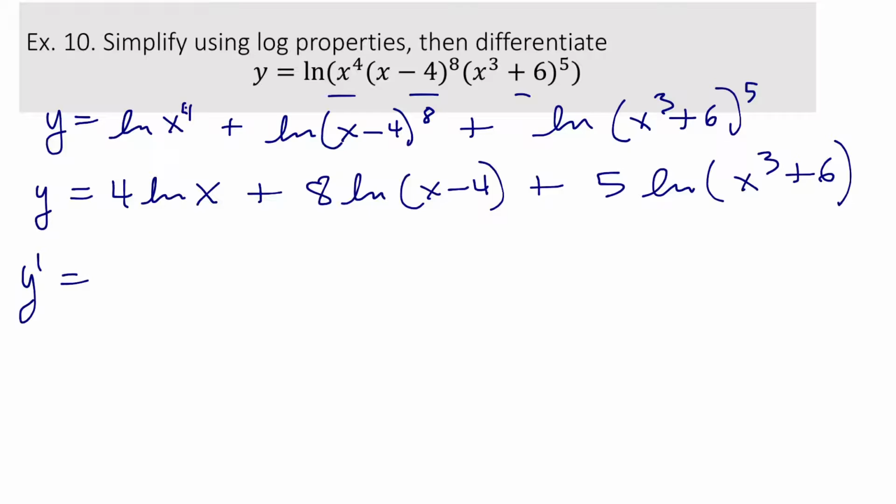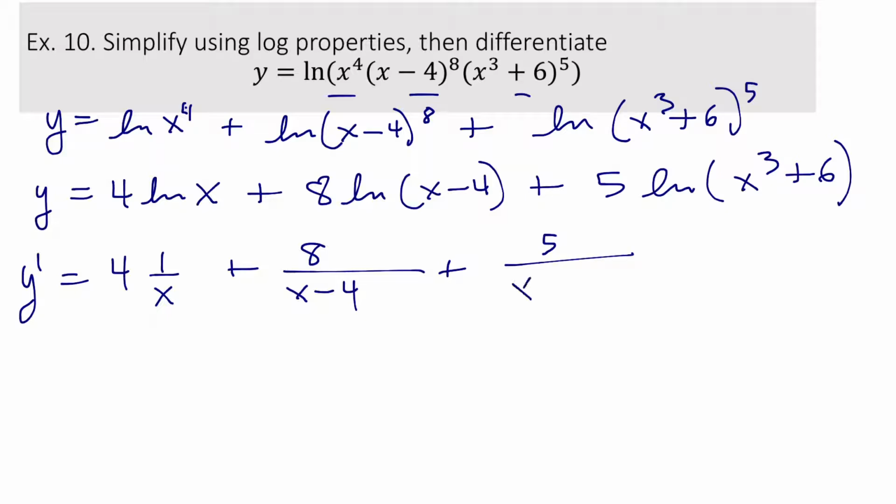So that's 4 times 1 over x plus 8 times, let's just put the 8 there, 1 over x minus 4 times the derivative of x, which is just 1. So just put the 5 on the top. So 1 over x cubed plus 6 times the derivative of x cubed, which is 3x squared.